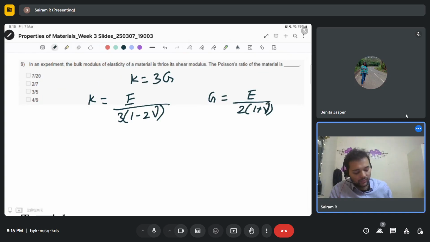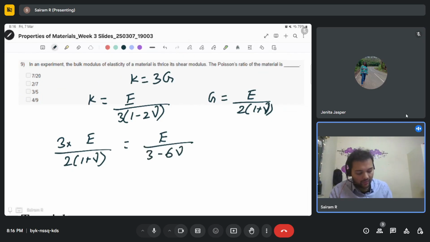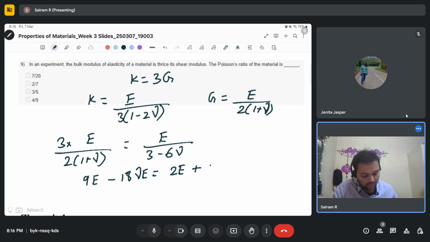We know that K equals 3G, and we'll substitute G over here. 3 into E by 2 into 1 plus nu equals E by 3 minus 6 nu. We'll take it this side: 9E minus 18 nu equals 2E plus 2E nu.